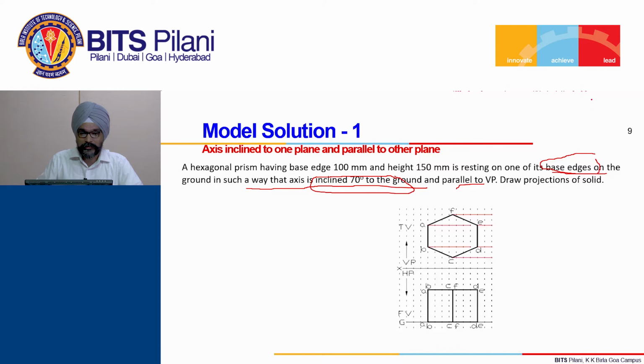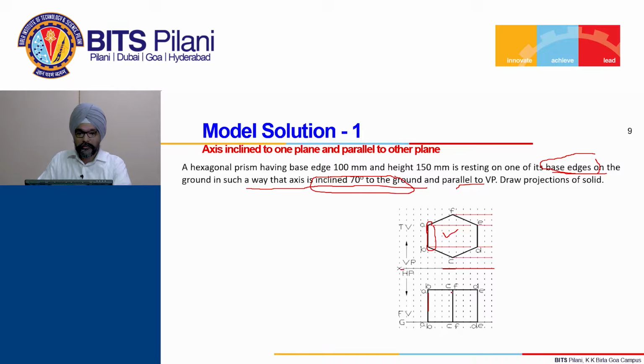First, we shall draw the regular hexagon in the top view with the orientation that one of the base edges, let us say AB, is perpendicular to the xy line. We have the xy line here, and this is perpendicular to the xy line because it rests on this base. Further, corresponding to this, we can complete the vertical edges here.